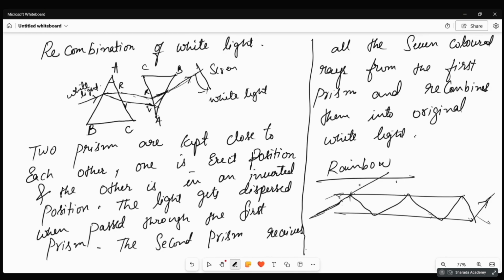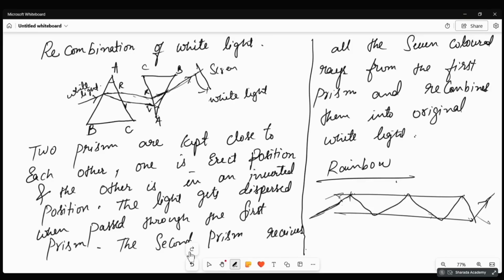It will not go, but there will be internal reflection only. That is, light will be reflected inside only. That phenomenon we call total internal reflection. That only they use in optical fiber for the light to go. It will not escape outside. Inside the fiber only it will travel.